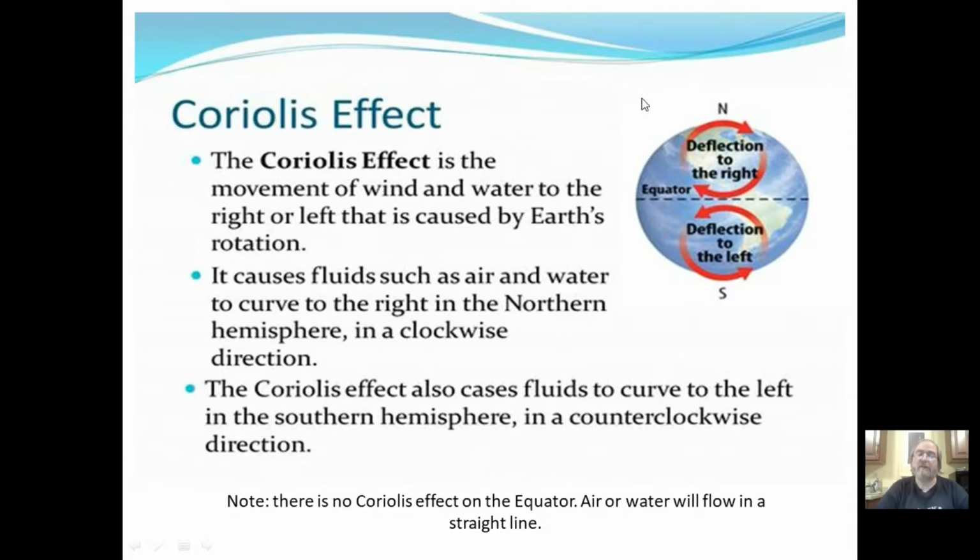The Coriolis effect also causes fluids to curve to the left in the southern hemisphere, in a counterclockwise manner. There is no Coriolis effect on the equator. Air or water will flow in a straight line. And later on, I'll show you that you get this wind forcing, and that's what helps drive some of that water towards Indonesia and Australia during the ENSO cycles.